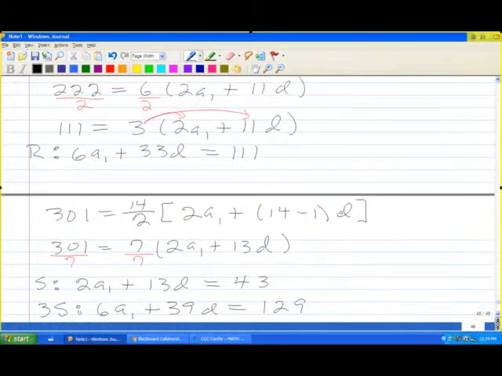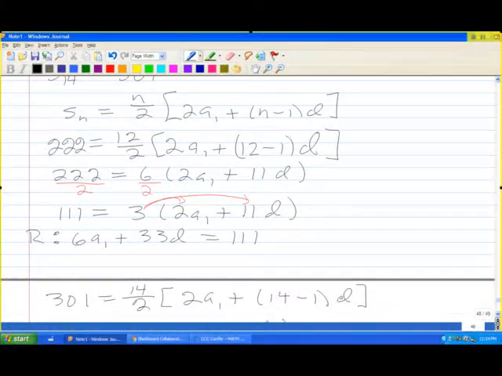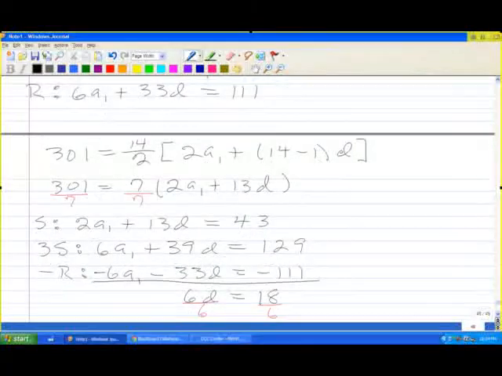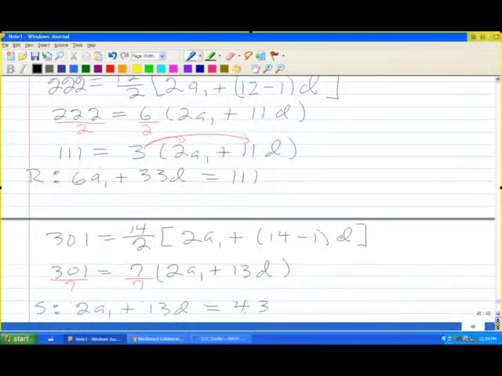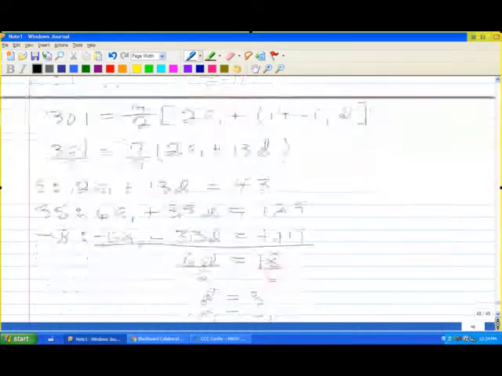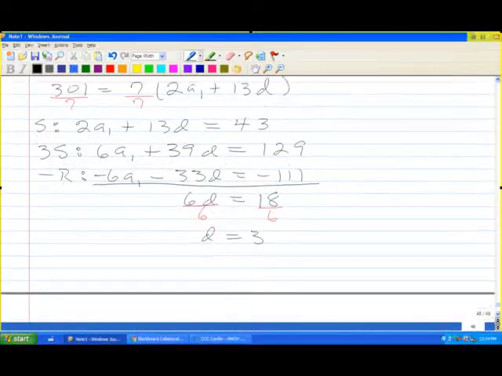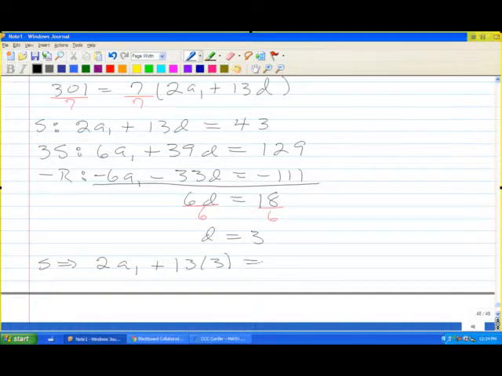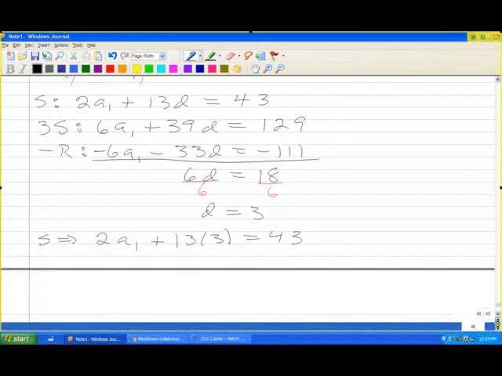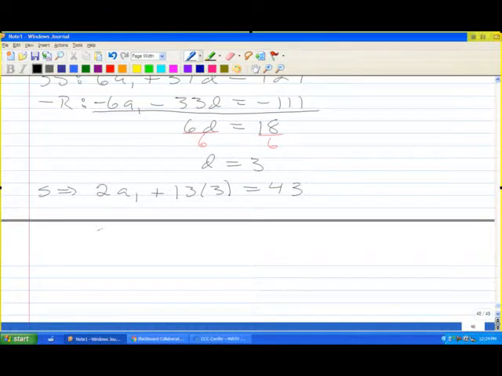Let's figure out A1. Let's see which is the easier equation. Let's use S. It says 2A1 plus 13D equals 43. So 2A1 plus 39 equals 43.